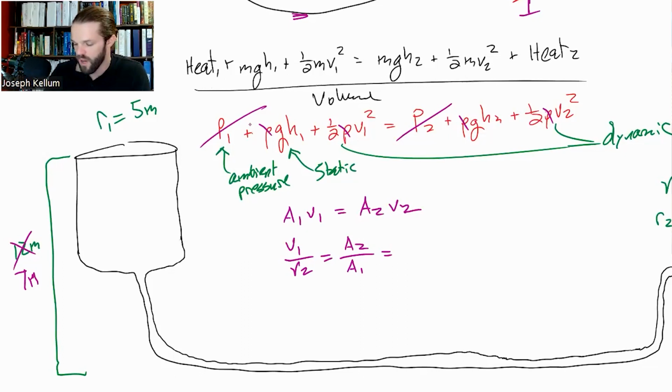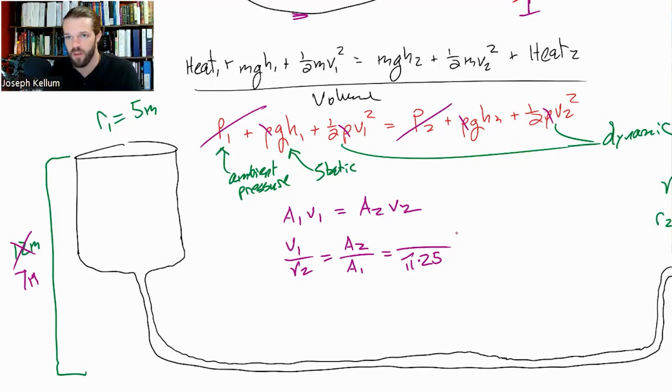Well, we'll start with A2 since it's on top. A2 is pi times 25, right? Because it's pi r squared, so I already squared the 5. Oh, I'm sorry, that's the wrong one. That is A1. Pi times 25 is A1. And then A2, we said that the radius over here is 5 centimeters. So that's the same as saying 5 times 10 to the negative 2 meters.